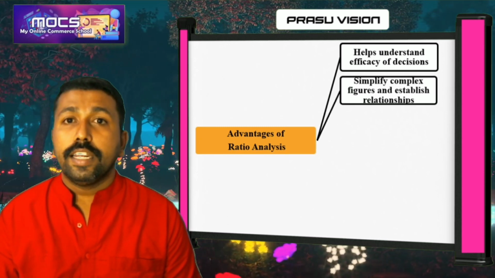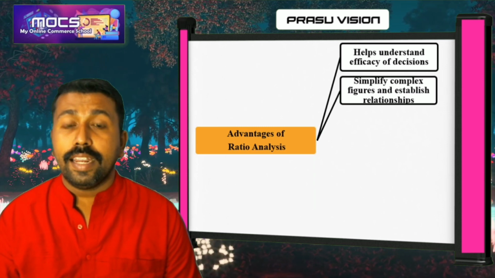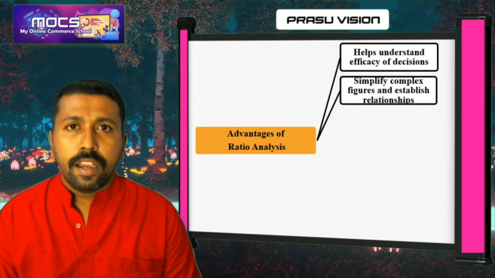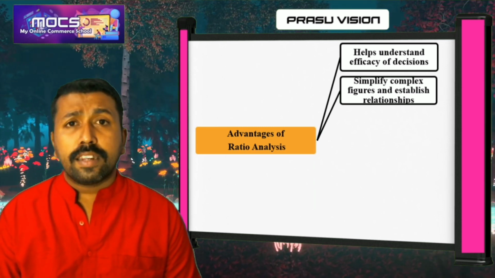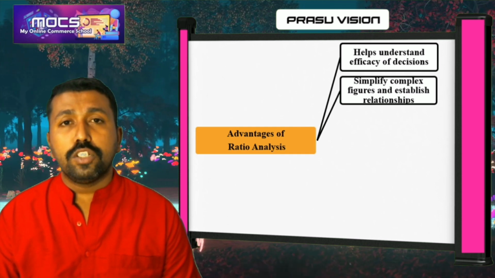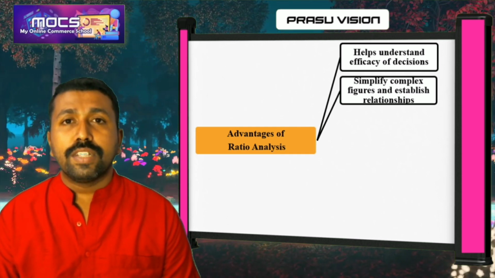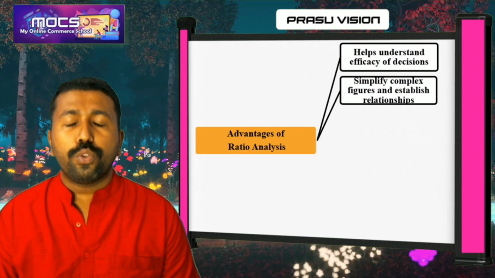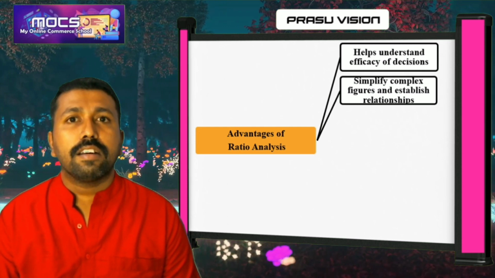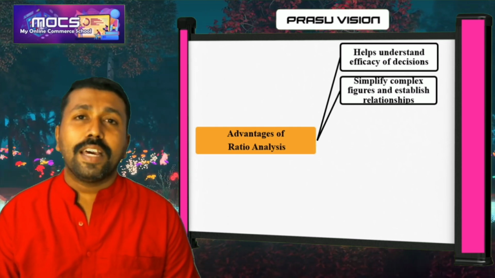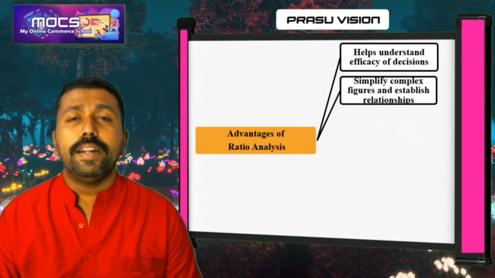And another one, it simplifies the complex figures and establishes the relationship. A lot of values will be there when we calculate a simple ratio. For example, when we consider the current ratio, it shows the relation between current asset and current liability. A lot of items are there as current asset and current liability.